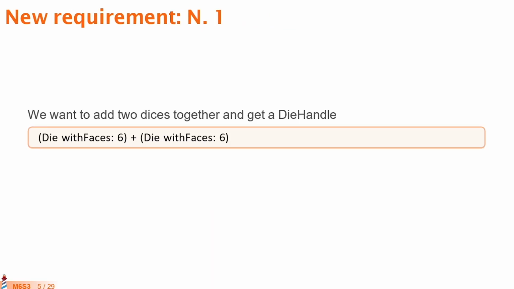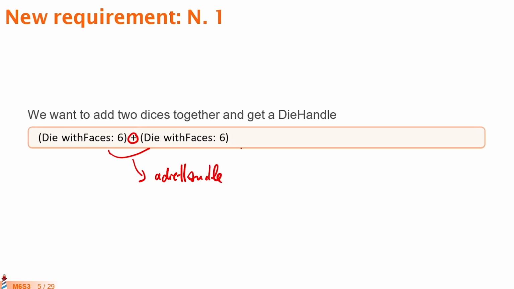So for example, we added new requirements on the previous exercise. So here we said, oh, you know, why do we limit ourselves to plus only with DieHandle? Why can we not say that I have a die with 6 faces and I will add another die with 6 faces, and this should return me a DieHandle with 2 dice.